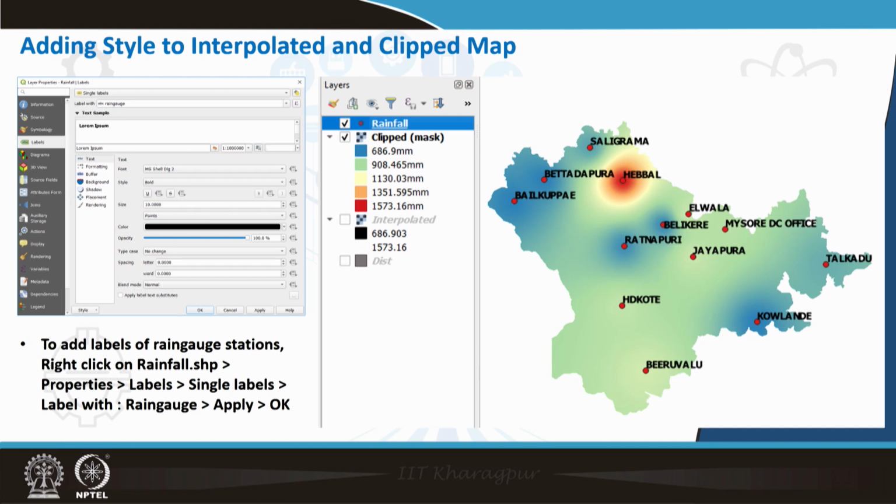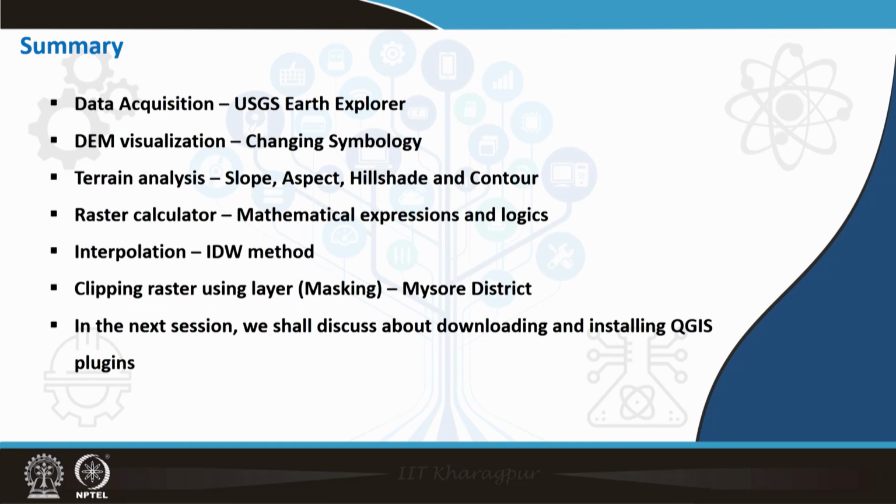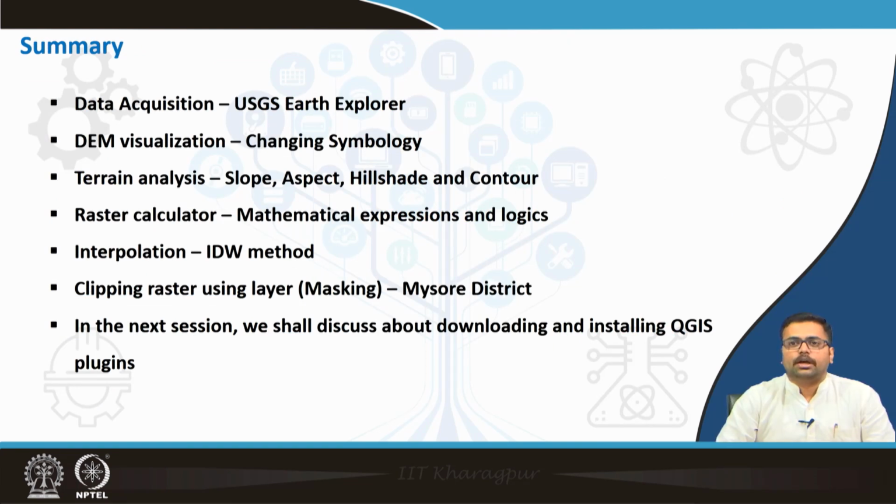So, this is how our final clip map looks like, and in this particular lecture we started with data acquisition. We saw how to download data from USGS Earth Explorer. You have to register with your email, and then we saw how to visualize DEM. The raw DEM will be in black and white format.